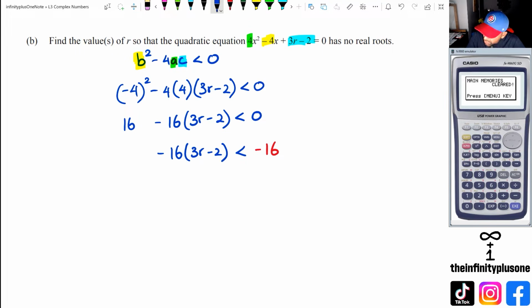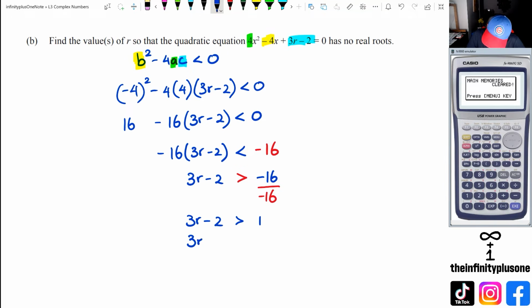And I could do it this way here, where I'm going to do 3r minus 2. And remember that anytime you divide by a negative number, the inequality sign changes. In this case, I'm going to get negative 16, which is already there, divided by negative 16. So what we're going to get is 3r minus 2 is greater than positive 1.